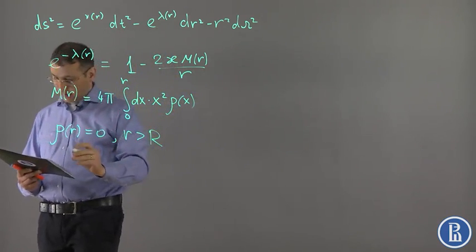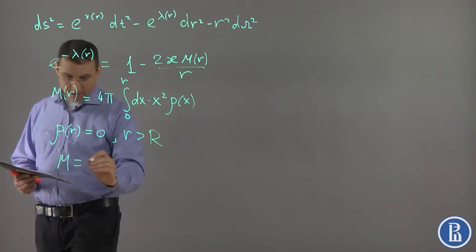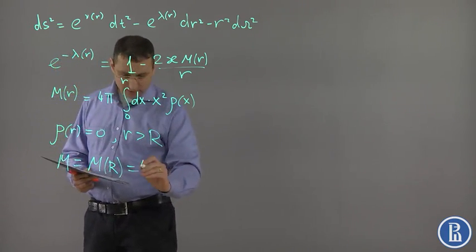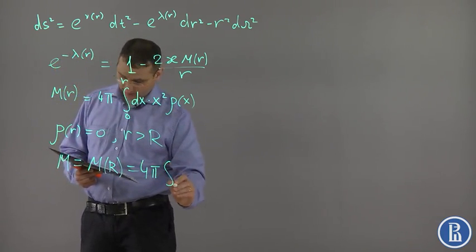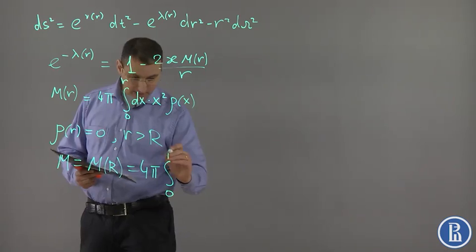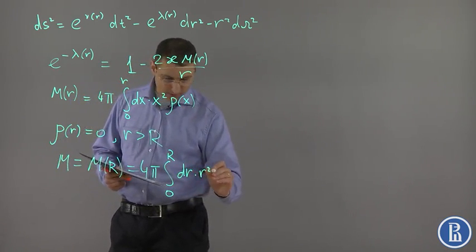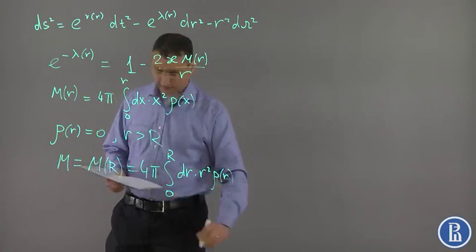In fact, the mass becomes M at r, which is the so-called total mass of the star, the integral dr times r squared rho of r.